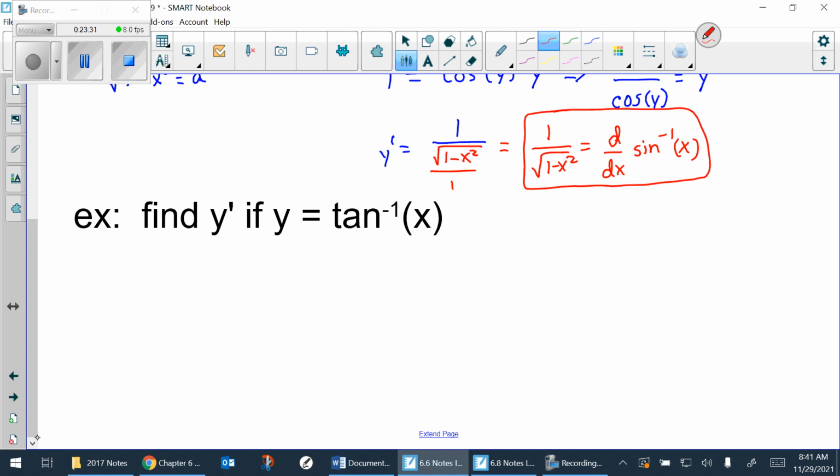Find y prime if y is equal to the tan inverse of x. All right, well, we're going to follow those same directions. First thing we're going to do, flip the roles. x is equal to the tan of y.